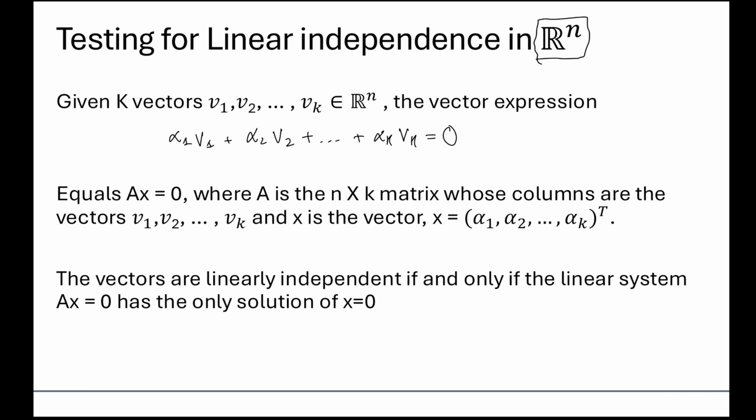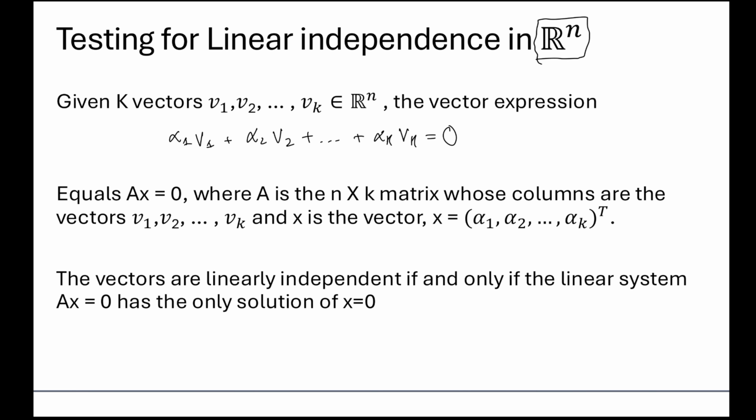So this is the same as writing Ax is equal to 0, where A is the n times k matrix whose columns are the vectors v1, v2, all the way to vk, and x is the vector x is equal to alpha 1, alpha 2, all the way up to alpha k transposed.